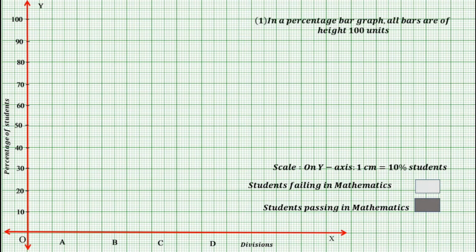So first, in a percentage bar graph, all bars have a height of 100 units.